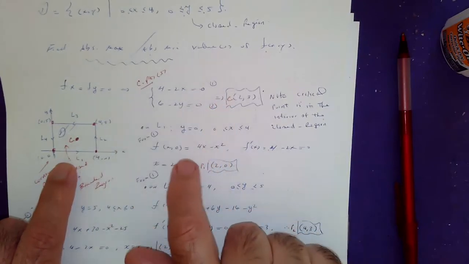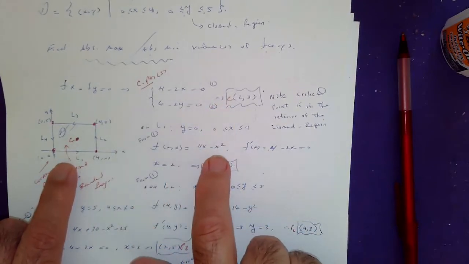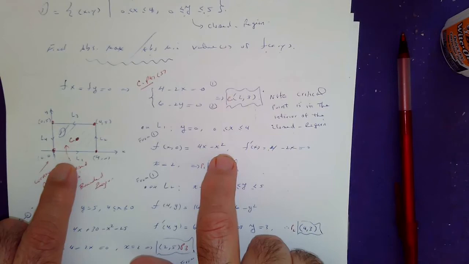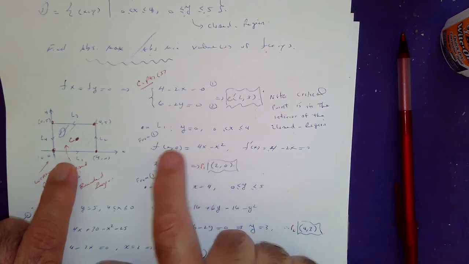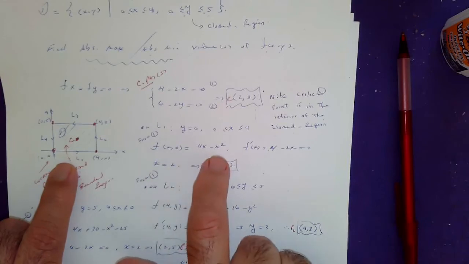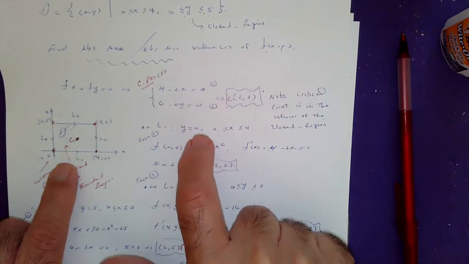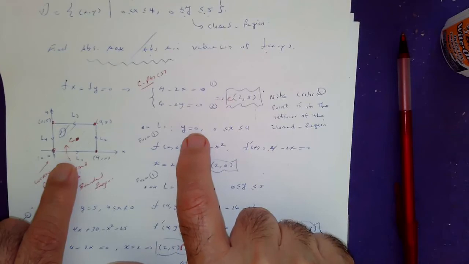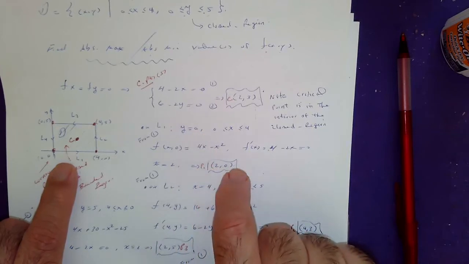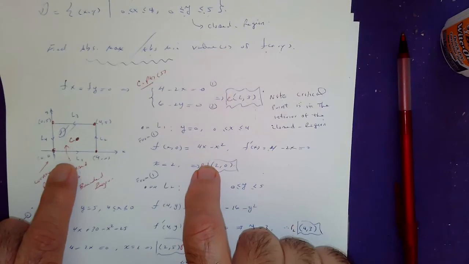When you do, your function becomes a single variable function. Now pretend you are in Cal 1, find the critical value of this single variable function. Take the derivative, you get x equals 2. But how did you get 2? You assumed y is equal to 0. So (2, 0) is one of your points which you have to test drive.